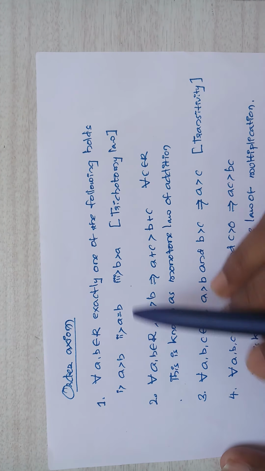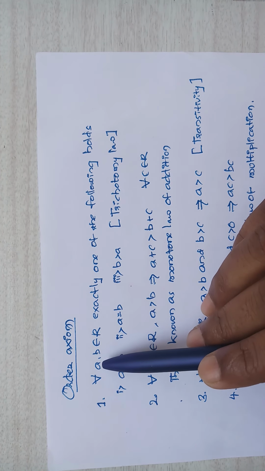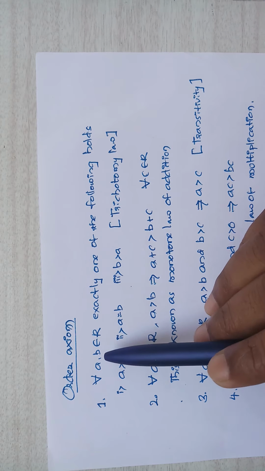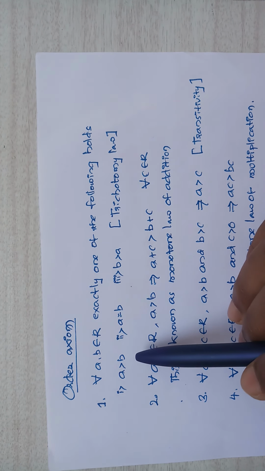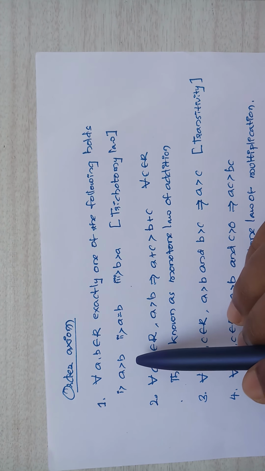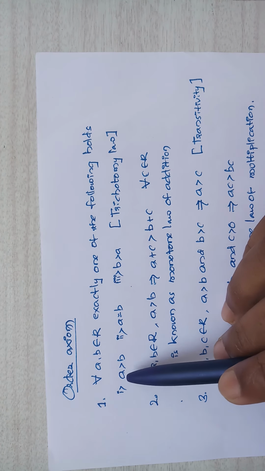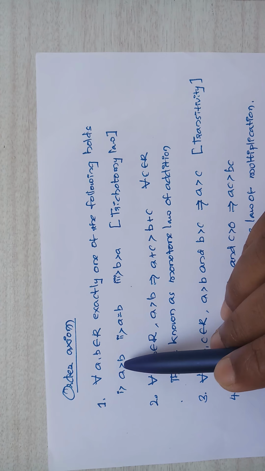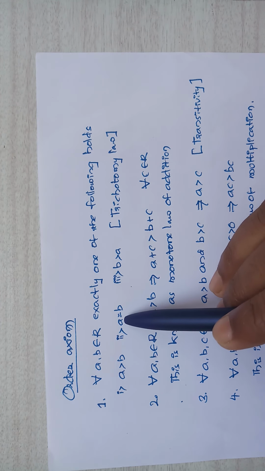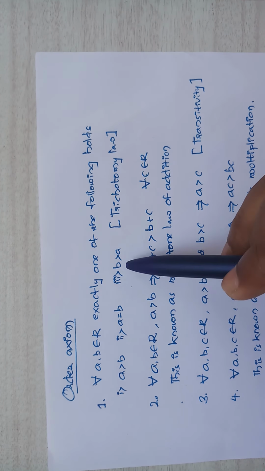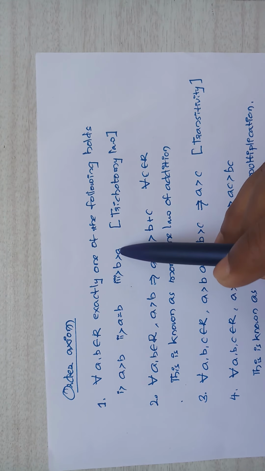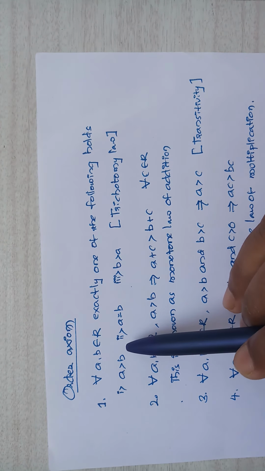If I take A as 1 and B as 2, which property holds good here? Is 1 greater than 2? No. Is 1 equal to 2? No. Is 2 greater than 1? Yes. So in this case this property holds good, and the other two don't.